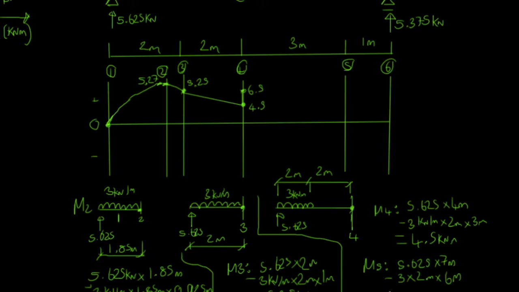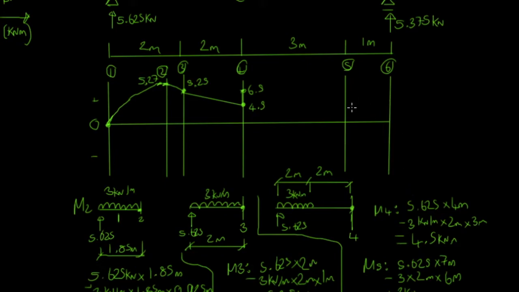And then we've also got our positive 2 kilonewton per meter moment acting on the left hand side of our cut. So we add that in, and that gives us a total of 5.625 times 7 minus 3 times 2 times 6 plus 2, 5.375 kilonewton meters.